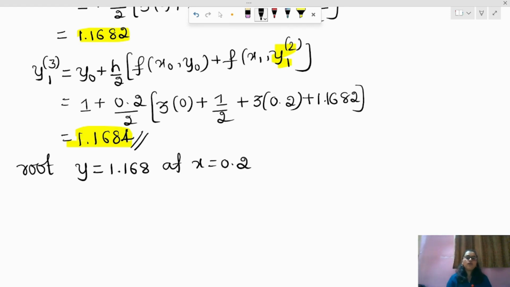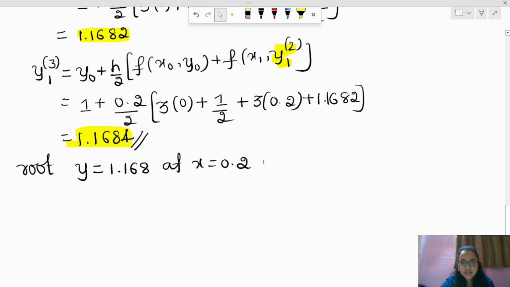So this is how we solve the problem for a first order first degree differential equation using Euler's method. This problem is at the first stage.